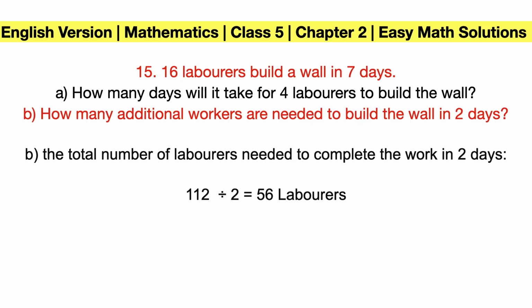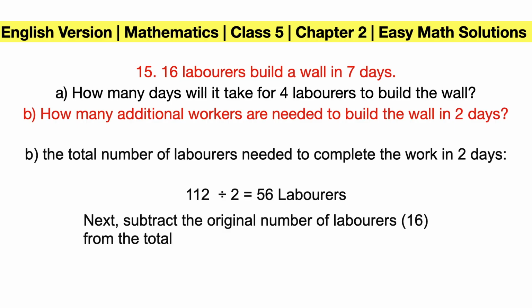We already have 16 laborers. Then we subtract the original labor: 56 minus 16, that means 40 laborers. So we need 40 additional workers to do the work in 2 days. Thank you.